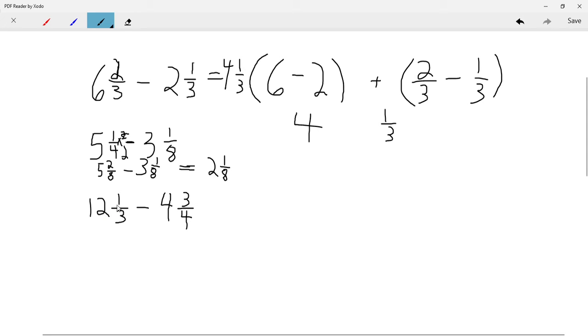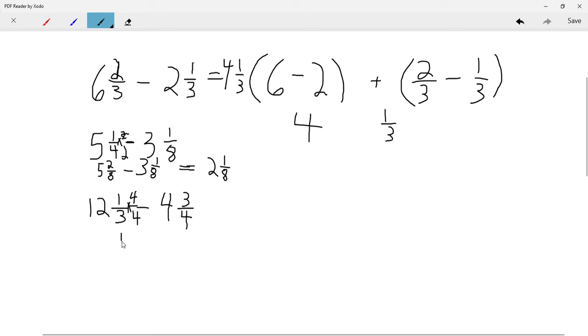Now this is where it starts to get a little tricky, and I'll show you why. We have 12 1/3 minus 4 3/4. So first of all, we need to find the common denominator for 1/3 and 3/4. The least common multiple of 3 and 4 is actually 3 times 4, which is 12. So I'm going to have to multiply this one by 4 over 4.